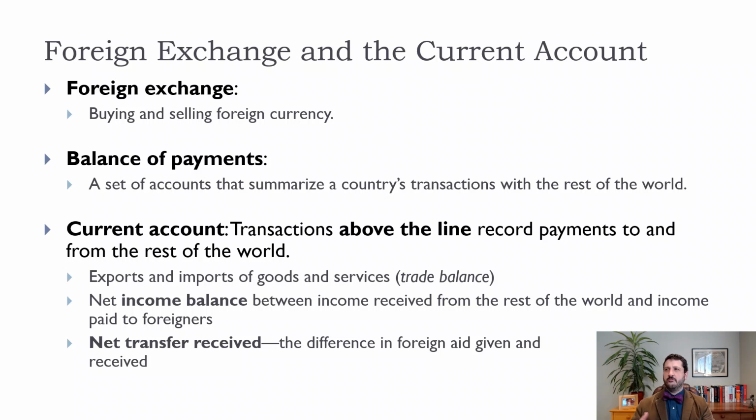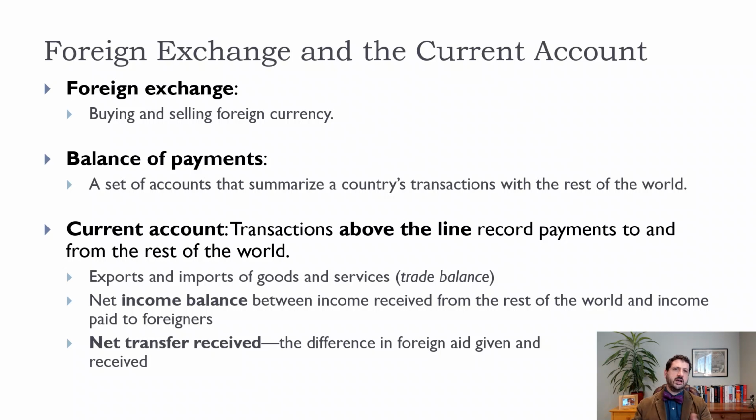And so, for example, if someone who's not a United States citizen owns stocks or bonds and they receive dividends or interest payments, those are going to be income flows that go out of the country. And similarly, if a U.S. citizen owns stocks or bonds in another country and they get dividends or interest payments, those are going to be flows into the United States.